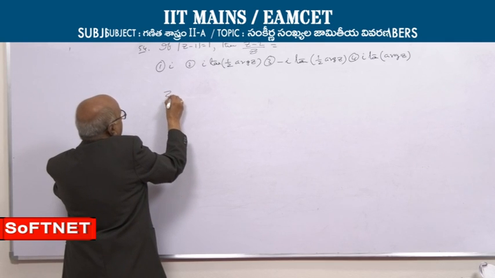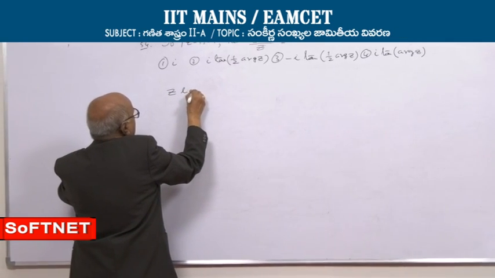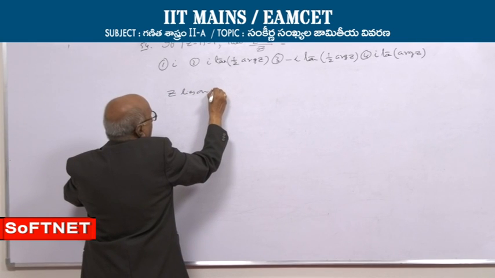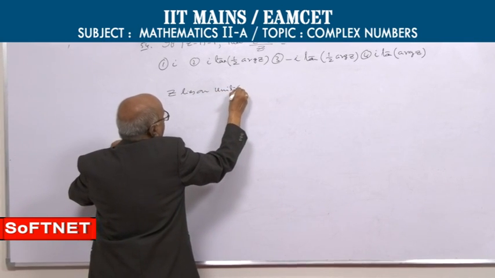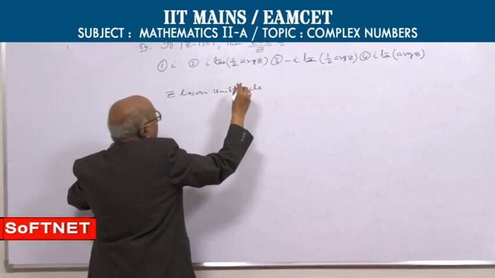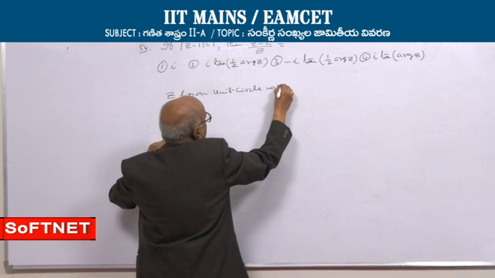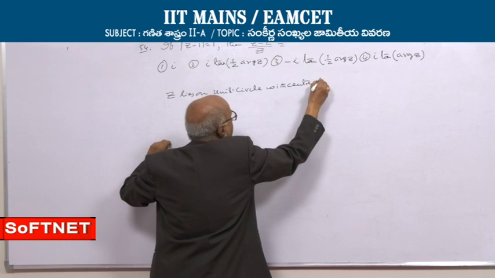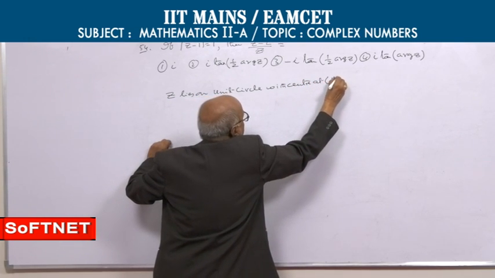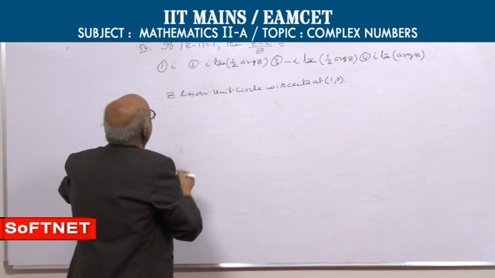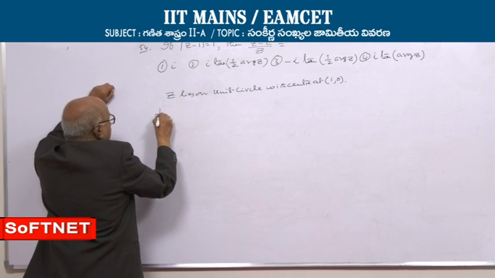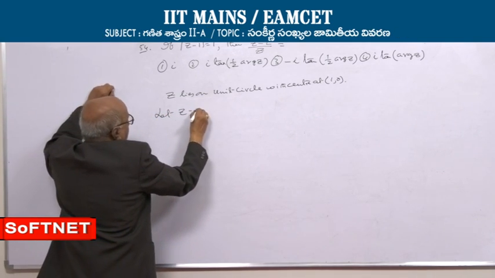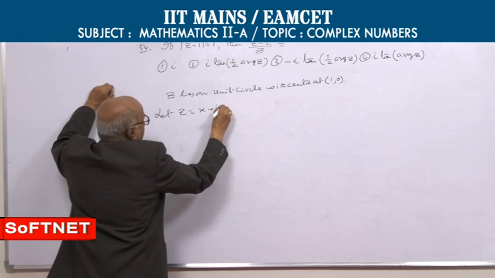So first of all, Z lies on the unit circle with center at (1, 0). Okay, right. Now let Z is equal to x plus iy.